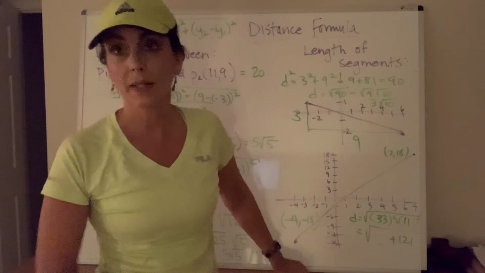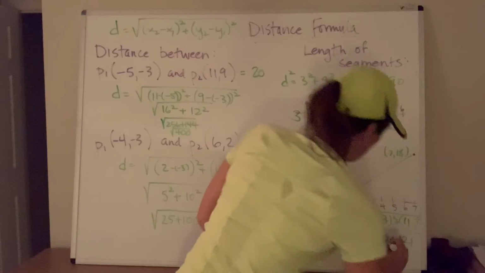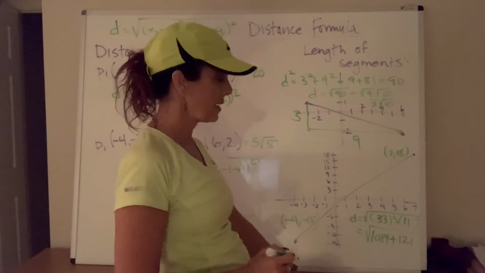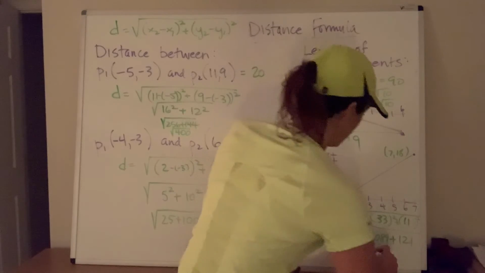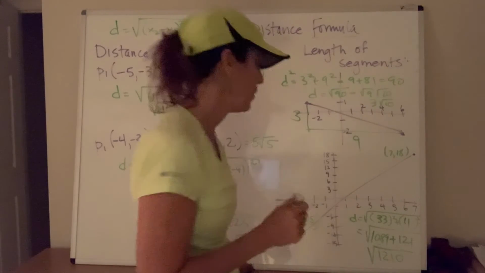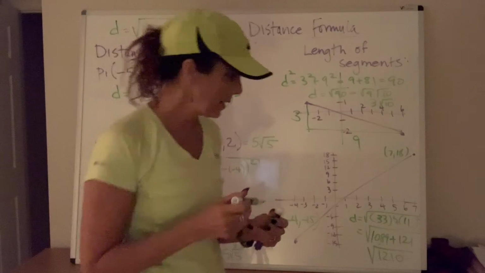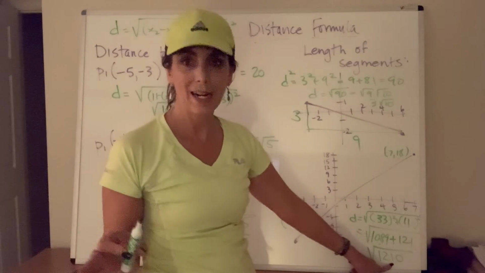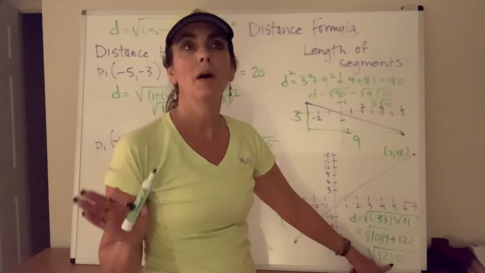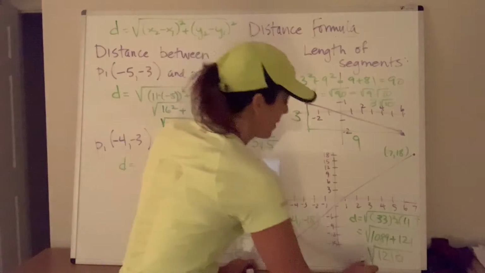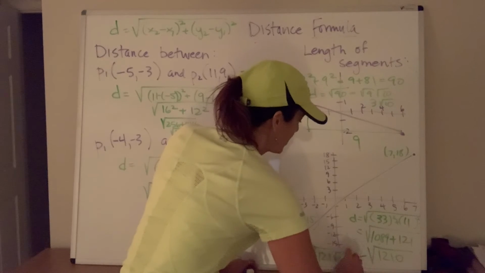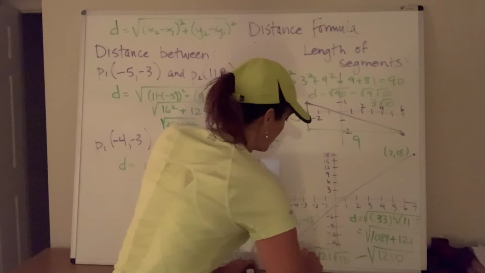Okay, 33 times 33 is 1089. So now I'm going to add these two things together. 1089 plus 121, 1210. All right, and so I notice 121 is actually 11 squared. So I can say that that's a perfect square. So that's going to be the square root of 121 times the square root of 10, also known as 11 times the square root of 10.